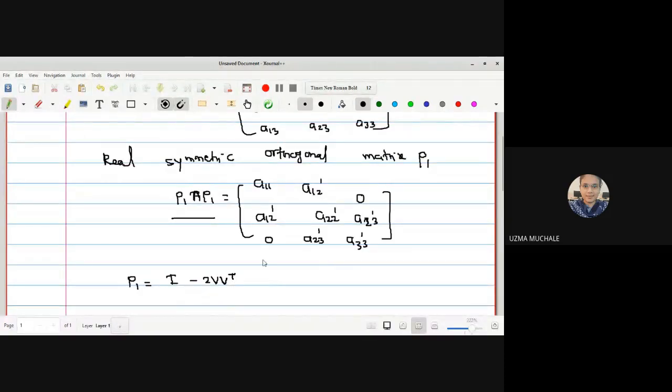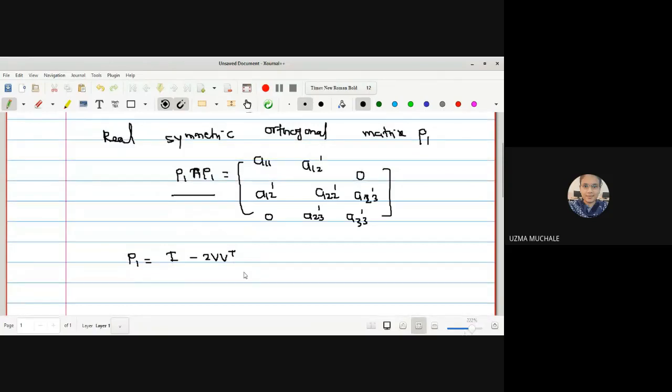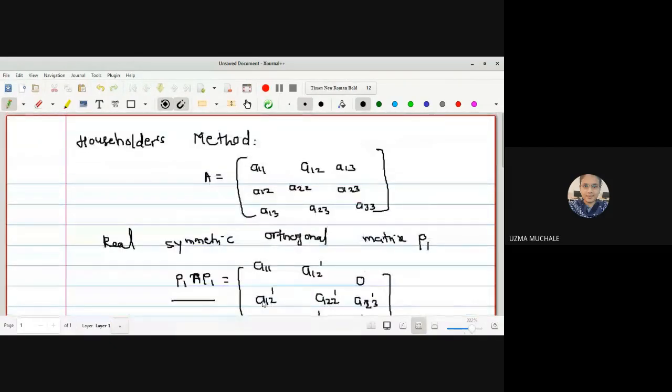Here V is a vector such that V equals 0, V2, V3, transposed, with the extra condition that V transpose V should be equal to 1, the identity, so let me write it as 1 only. In the Householder method we are provided with a symmetric matrix.